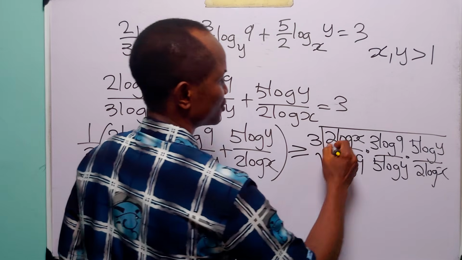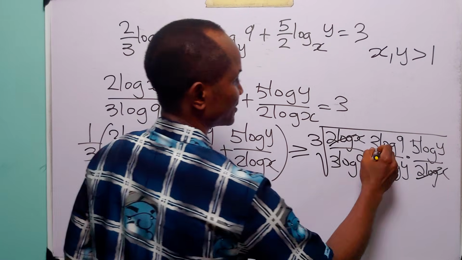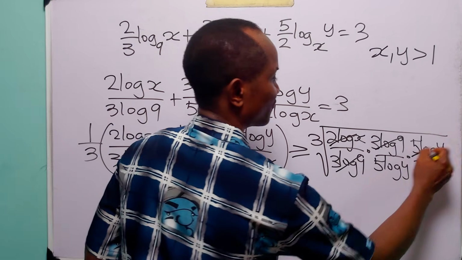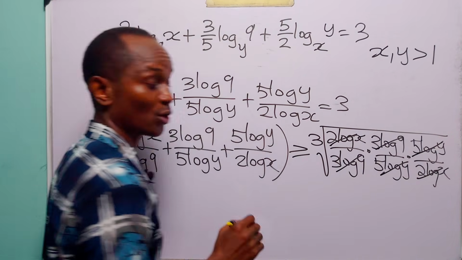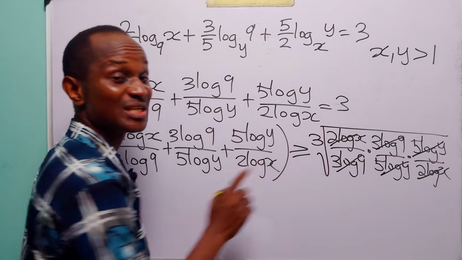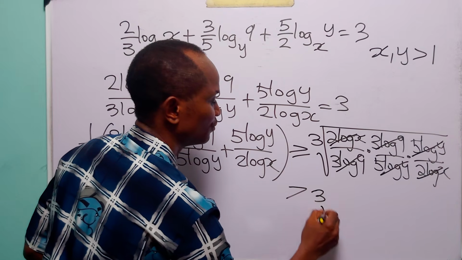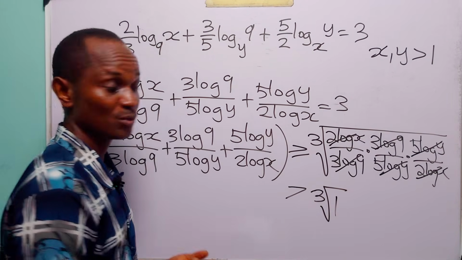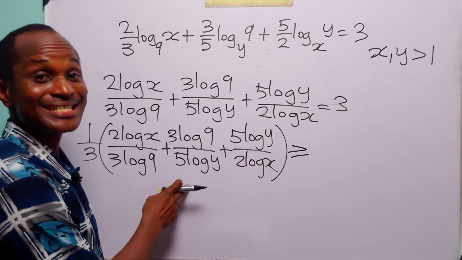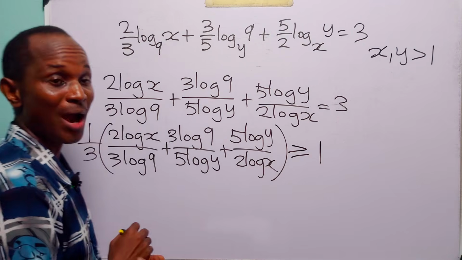Now notice that 2 log x is going to take care of 2 log x. 3 log 9 divided by 3 log 9 is 1. 5 log y divided by 5 log y is also 1. So on the right hand side of this inequality, we have the cube root of 1, which of course is equal to 1. So we have that this arithmetic mean must be greater than or equal to 1.